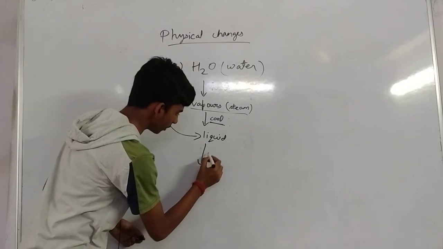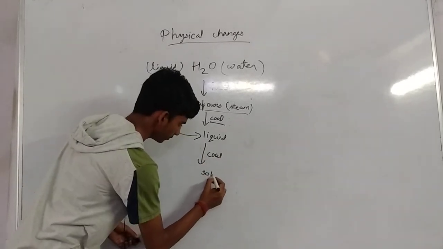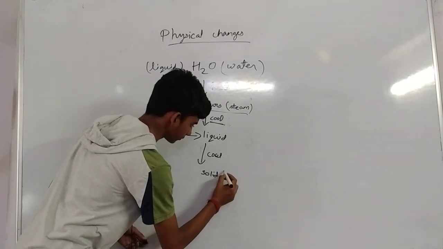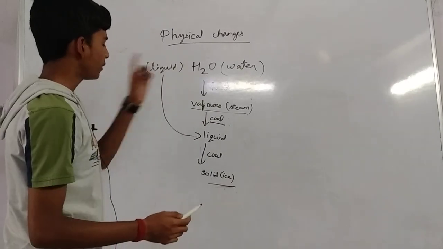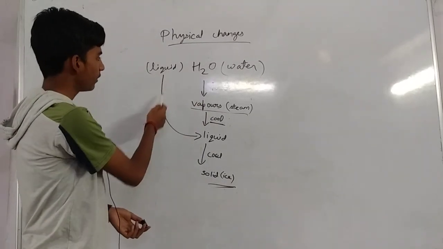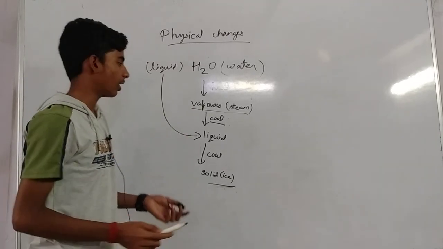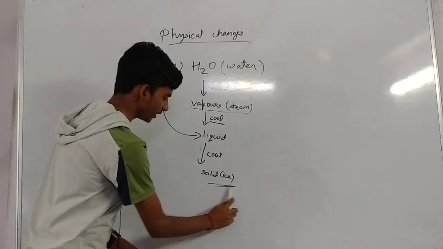If we further cool it down, or if we freeze it, it will form solid, that is ice. So if we heat water, it will form vapors or steam. If we cool it down, we will gain back the initial liquid. If we cool it further, we will get the solid state, that is ice.